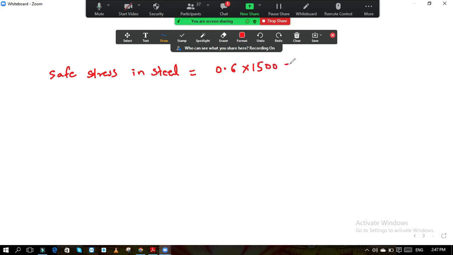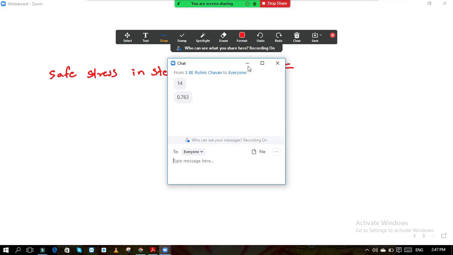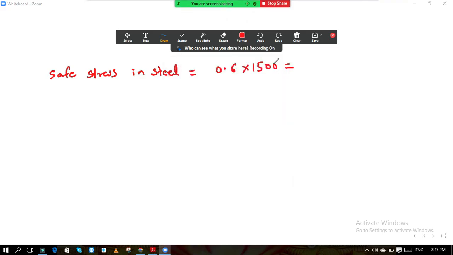Ultimate stress 1500. So what is the 60% of that? 900, is it correct? 900 Newton per mm square.